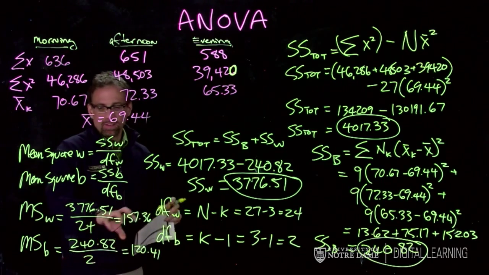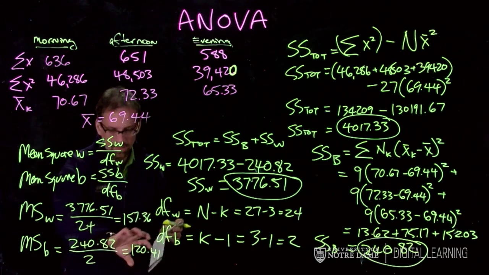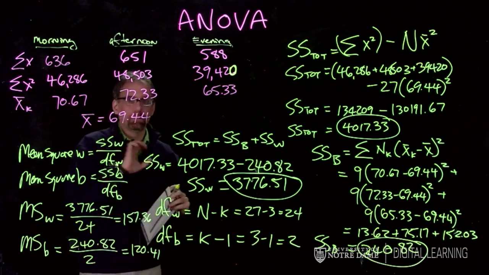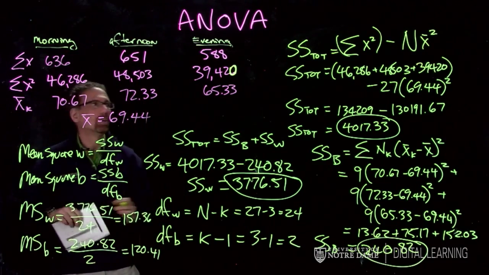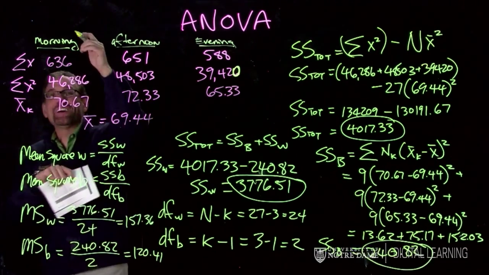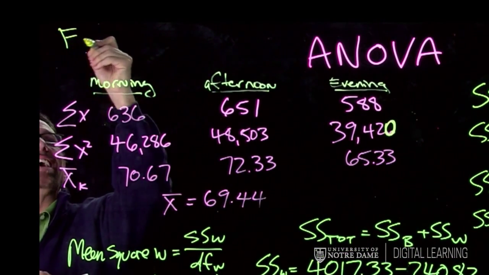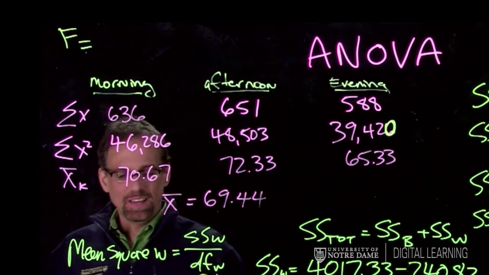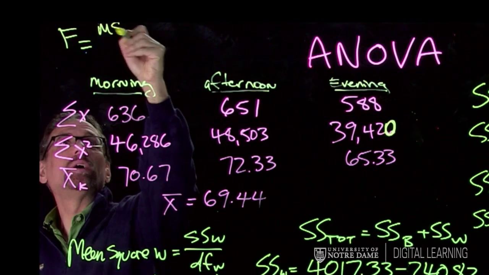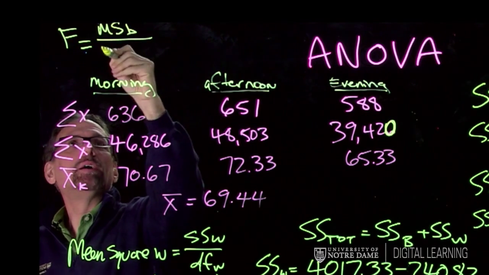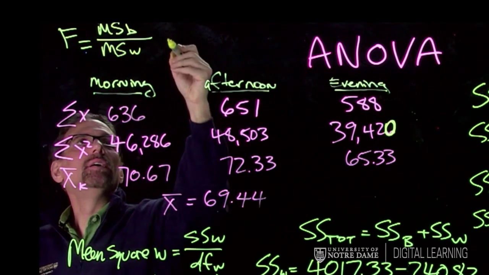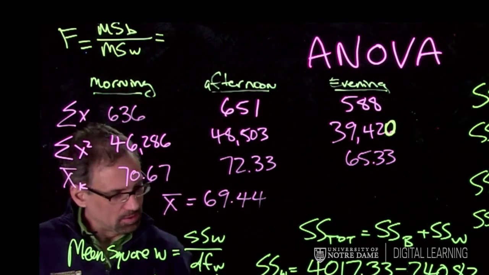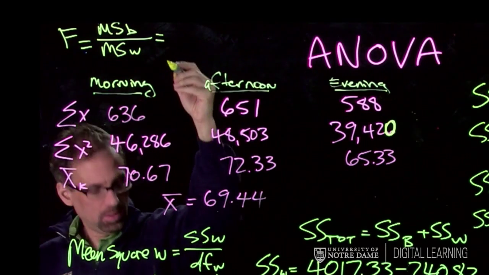We've got our top part and our bottom part, and we just have to put them in to give us F. Where can I squeeze that in on my board? Let's do it right up here, then it'll be at the top. The F is the mean square between divided by the mean square within. All we do there is plug these numbers in.